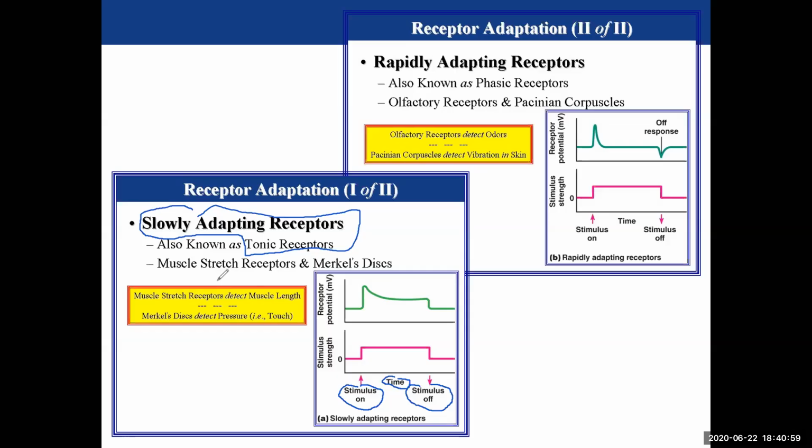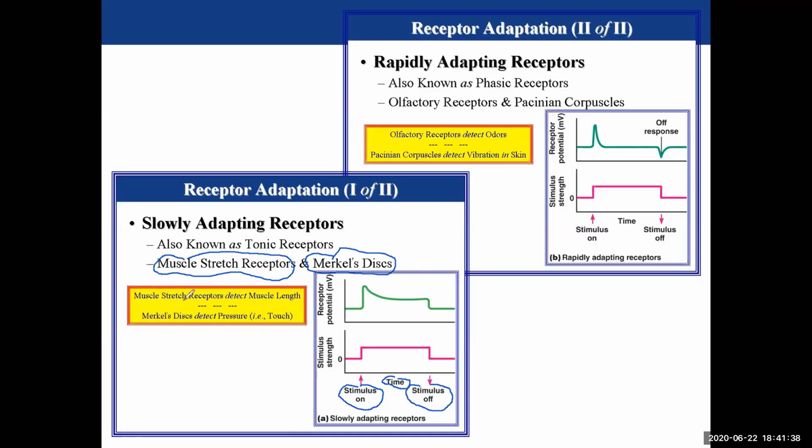So specific examples would be muscle stretch receptors. We're going to revisit them when we talk about the muscle unit, and Merkel discs in our cutaneous membrane. So those two are basically relying on slowly adapting receptors to detect the presence of a stimulus, to detect the adequate stimulus, to detect the proper sensory modality.